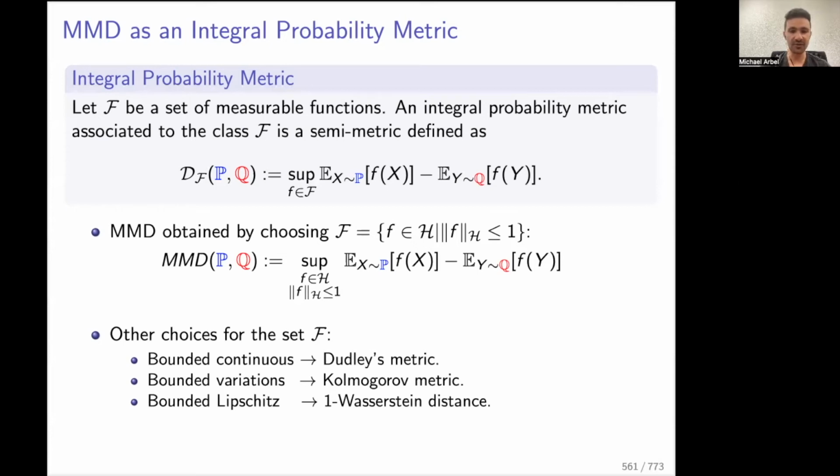So for instance, you can recover Dudley's metric by choosing F to be the set of bounded continuous functions, recover the Kolmogorov metric by taking functions that have bounded variation, and the one-Wasserstein distance by taking functions that are bounded in Lipschitz. So these are distances that are harder to compute because the set of test functions is too big, in fact.